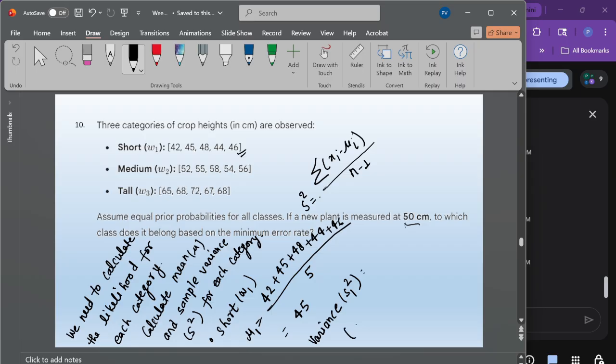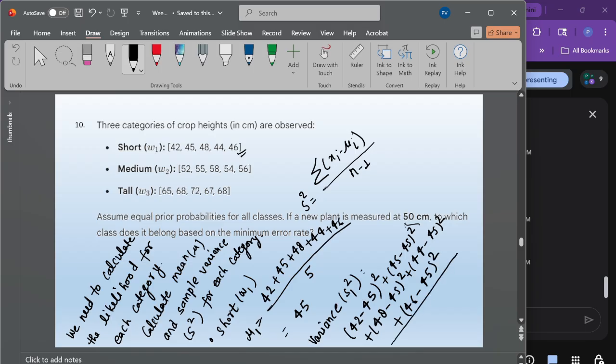So the first point is 42. 42 minus mu, which is 45, whole square, plus 45 minus 45 whole square, plus 48 minus 45 whole square, plus 44 minus 45 whole square, plus the last one, 46 minus 45 whole square, divided by 5 minus 1.